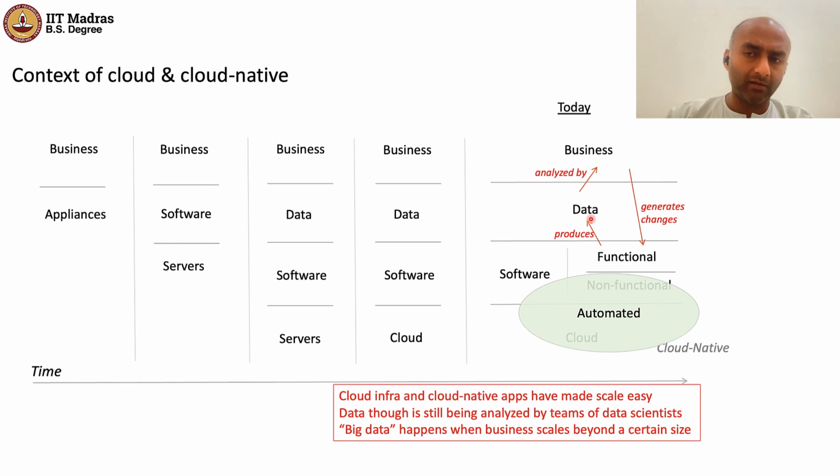Data, on the other hand, is still being analyzed by business, by data scientists, data analysts, etc., using tools which were traditionally built for small data sets. But as the scale kept growing, it's necessary to now start looking at big data tools, because that's when you'll be able to truly analyze the data that's being produced by software that's running at scale. And that is what the business needs to look at in order to truly do accurate changes that are necessary for it to continue to make progress.